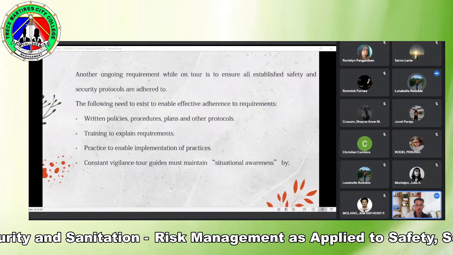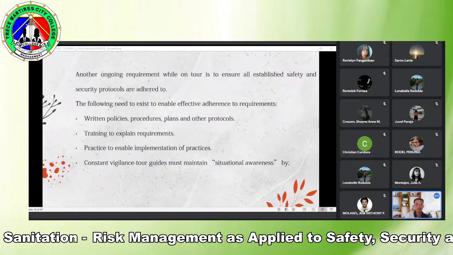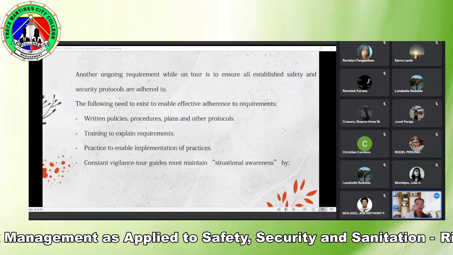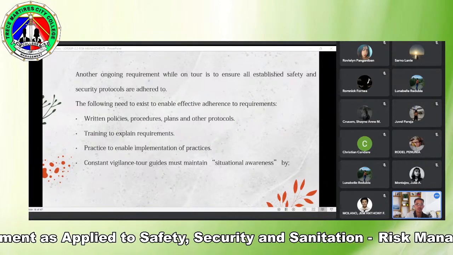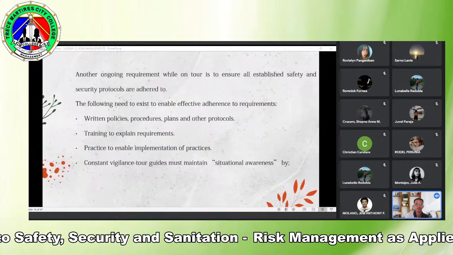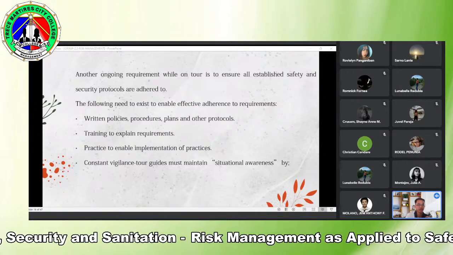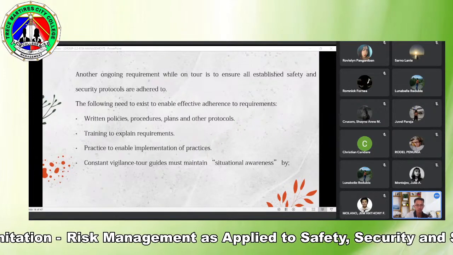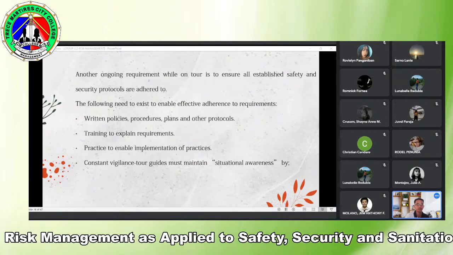When it comes to policies, dapat ba pare-parehas yung policies ng mga companies? Like for example, I have my own company and you have your own company. Should my policies aligned with your policies or hindi?